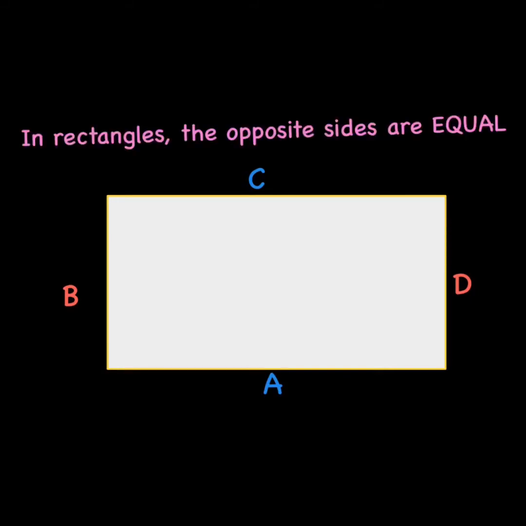Well, it's because with rectangles, the opposite sides are equal. So however long A is, C is going to be the same length. And with B, D is going to be the same length. So if A is equal to 30 meters, then C must be equal to, that's right, 30 meters.